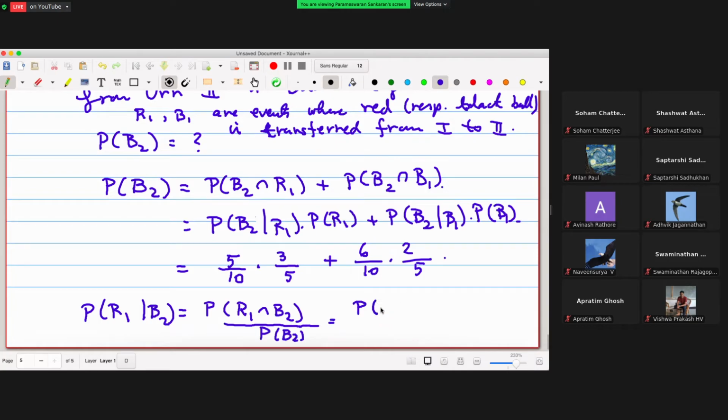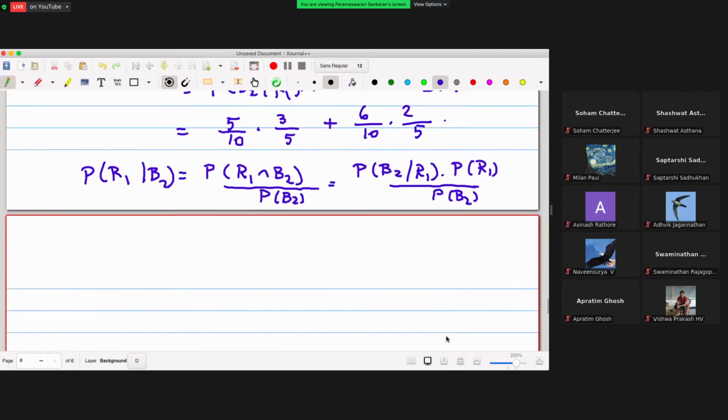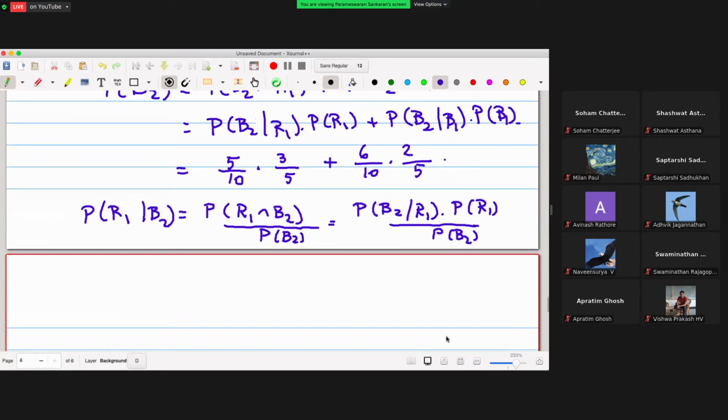This is probability of B2 given R1 times probability of R1 divided by probability of B2. And we just now computed B2. So we substitute the remaining things.